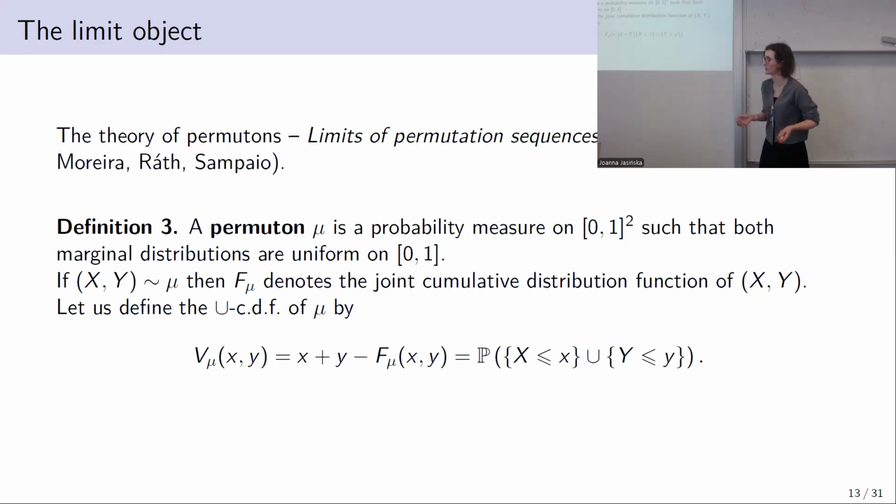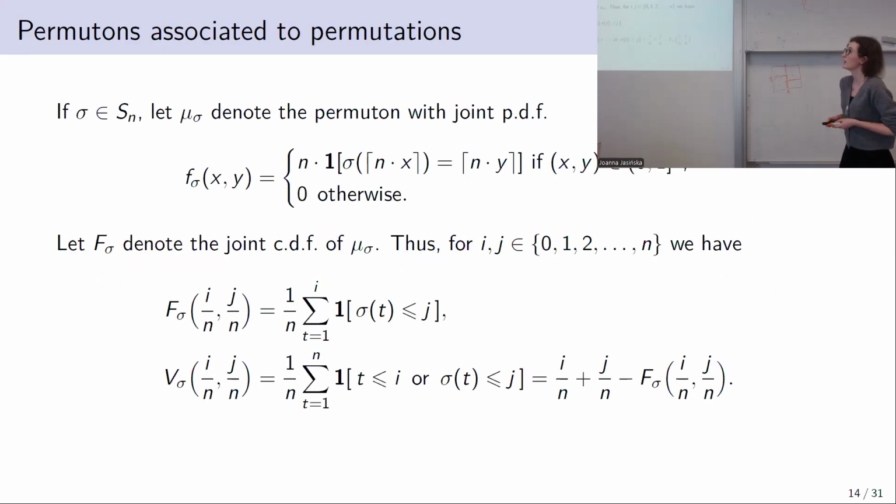But yeah, so the definition is just that we think of probability measures on unit squares. So if I have a permutation, I can associate a permuton with my permutation in a natural way.